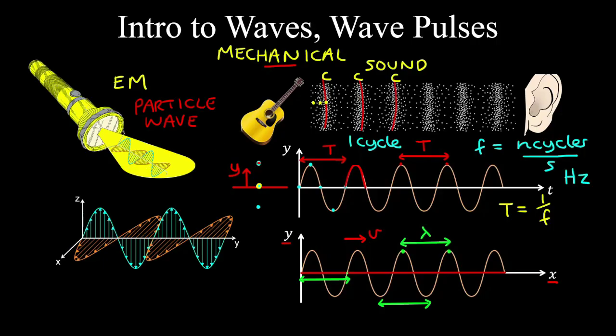So for example, light going from this flashlight has a wavefront that moves in this direction, and the photons oscillate back and forth in the direction perpendicular to the motion of the wavefront, which creates perpendicular electric and magnetic fields. So the electromagnetic wave looks something like this. And we'll also look at electromagnetic waves in more detail.